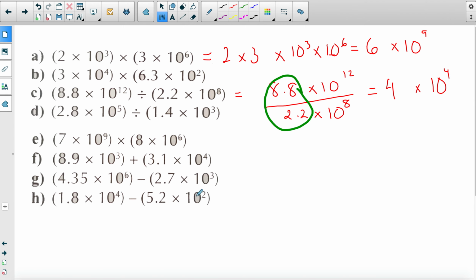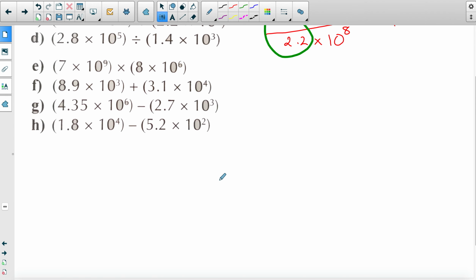As for addition and subtraction, you can't just add and subtract the numbers straight away, because they don't line up, basically. You have more zeros in this number than this number, which means the decimals don't really line up.